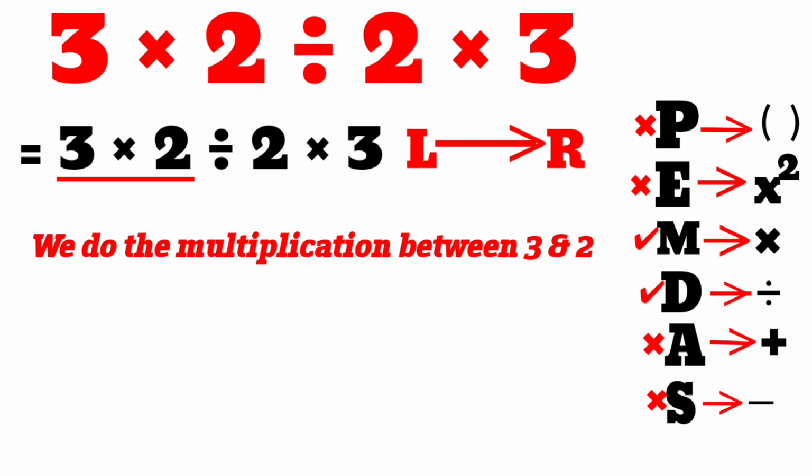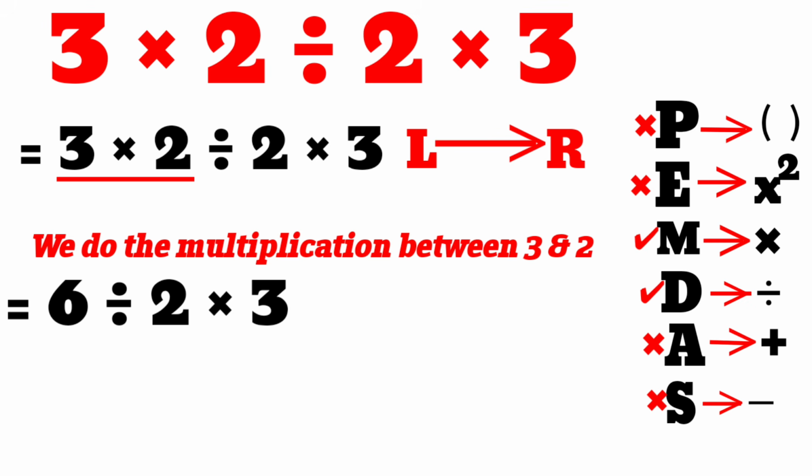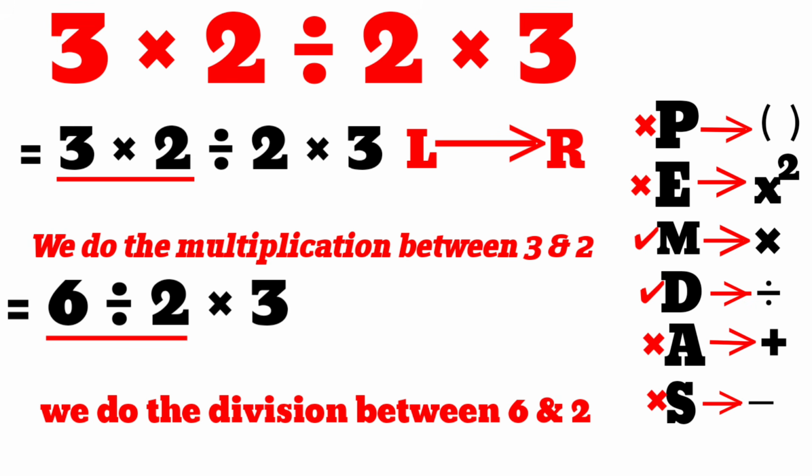We do the multiplication between 3 and 2. Multiplying 3 and 2, we get 6 divided by 2 times 3. Now we do the division between 6 and 2.